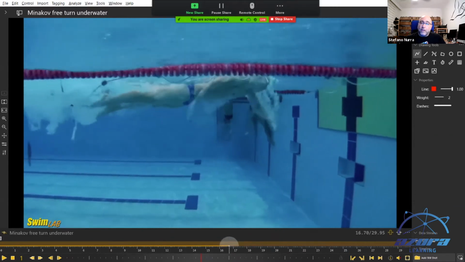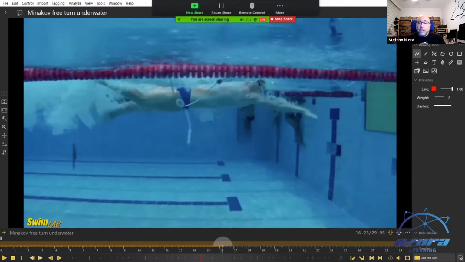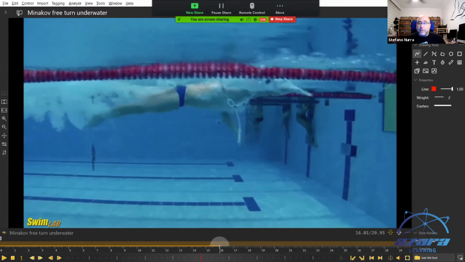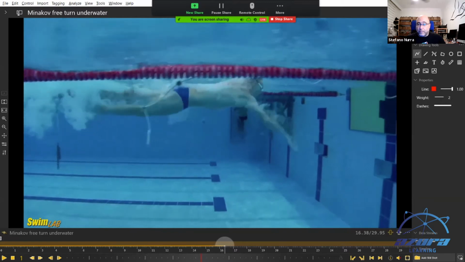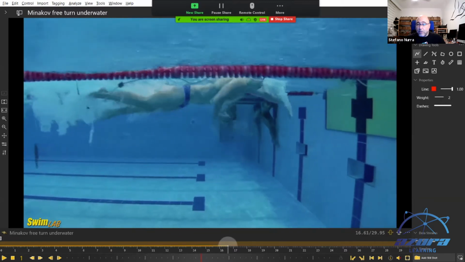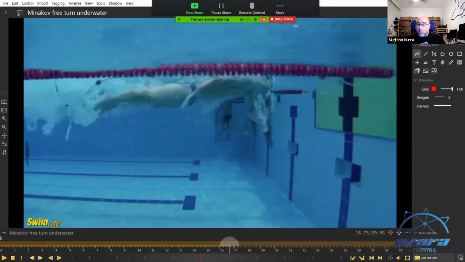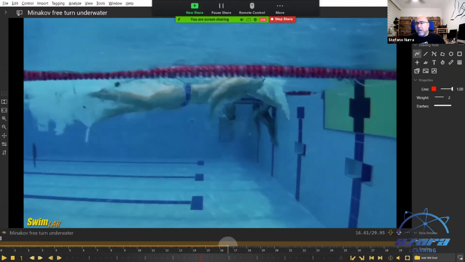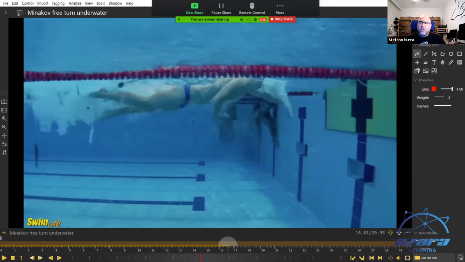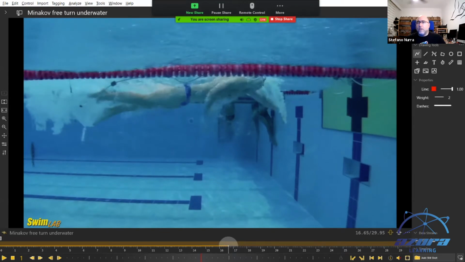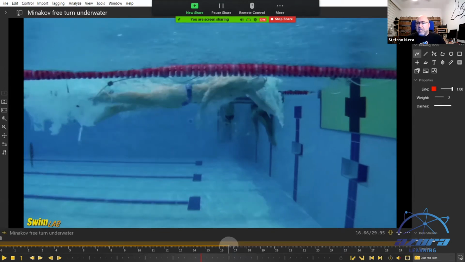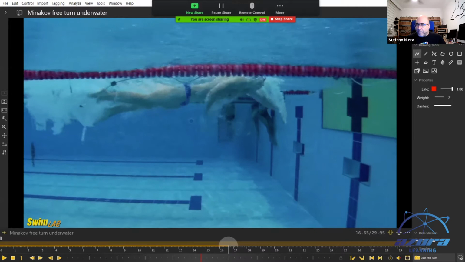So just to finish the part on the last stroke, we can see the athlete is coming. He's swimming around 100 meters, so the coordination is okay. I repeat, it isn't perfect, but it's okay.